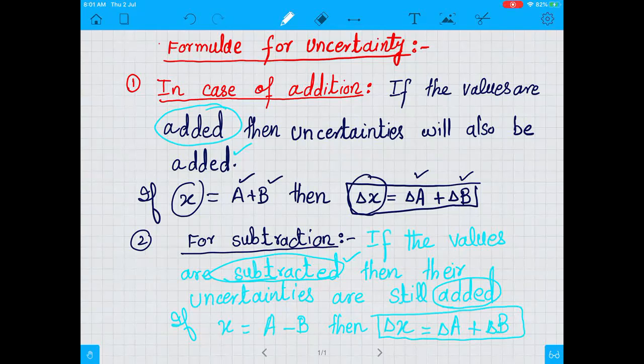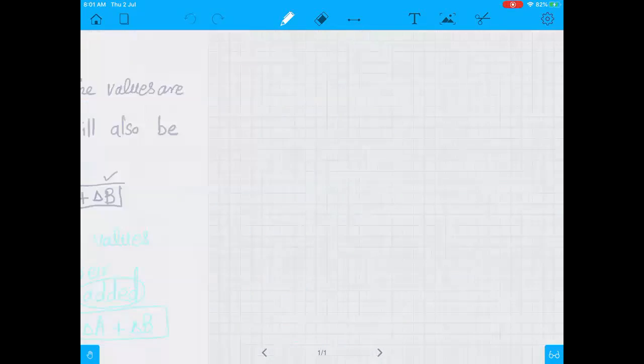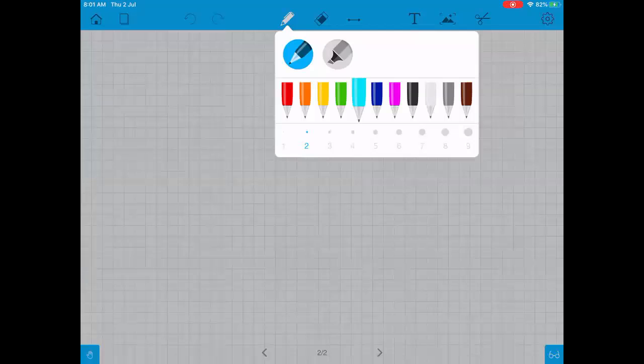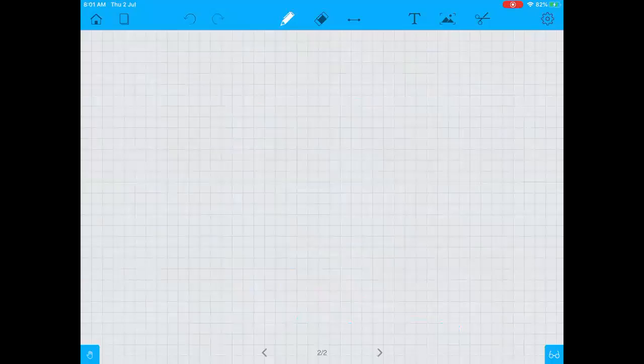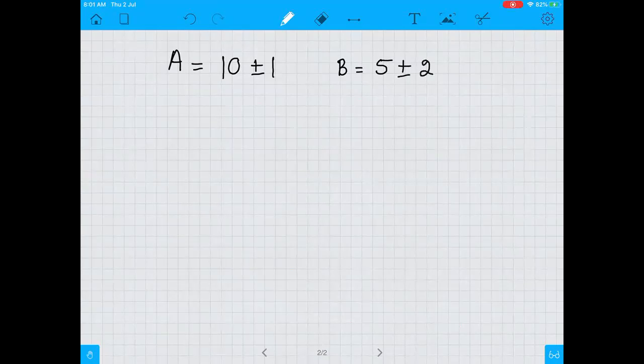Now, for example, you have a quantity A that is equal to 10 plus minus 1. You have another quantity B that is equal to 5 plus minus 2.